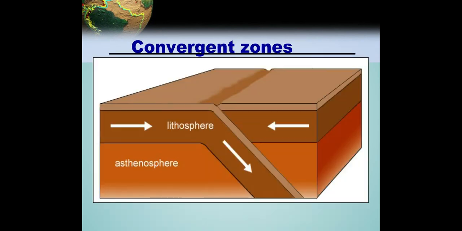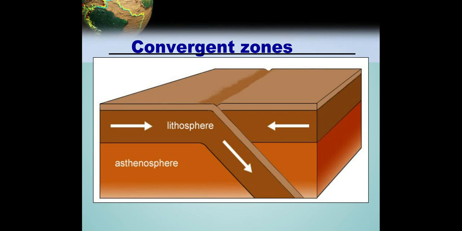Convergent zones. Convergent plate boundaries are where two tectonic plates are moving towards each other, usually causing one plate to slide below the other. This is a process known as subduction. Generally, the most dense plate will go under the least dense plate.